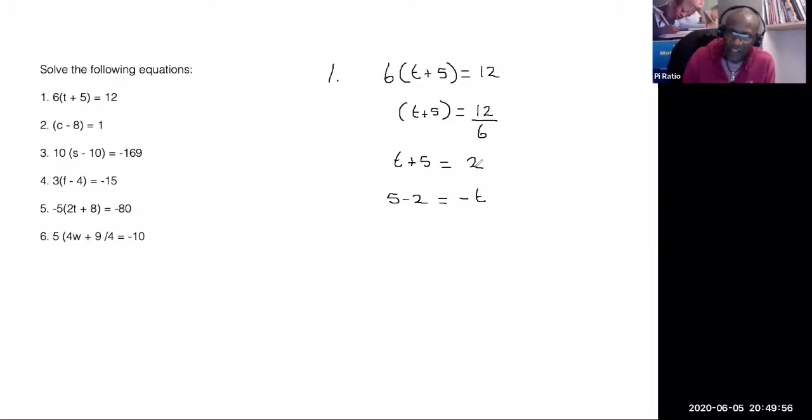If you noticed, I've brought the 2 over here, so it becomes a minus 2, and I've taken the t over here, so it becomes minus t. Now I'm left with 3 is equal to minus t, so that means t is equal to minus 3. So that's 1 down and 5 to go.